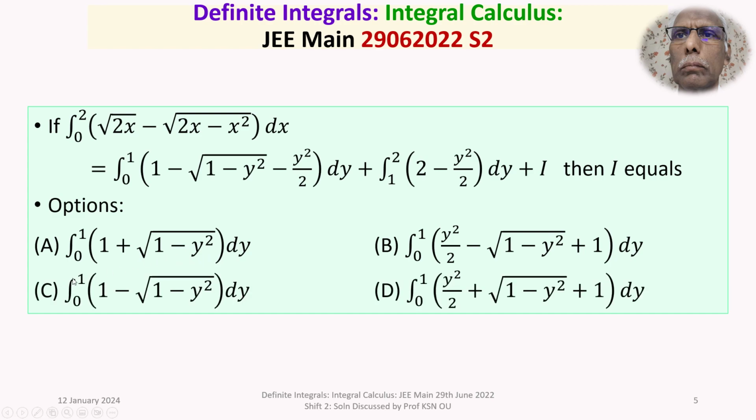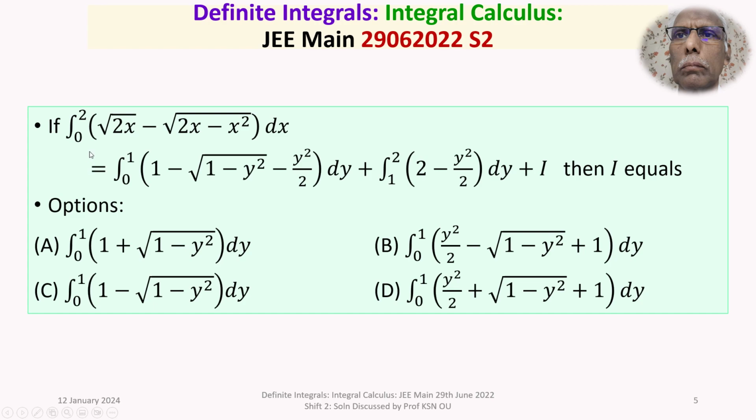Make an observation. In all these options, the integral from 0 to 1 of the square root of 1 minus y square is appearing. Therefore, wherever it occurs, we keep it as it is.